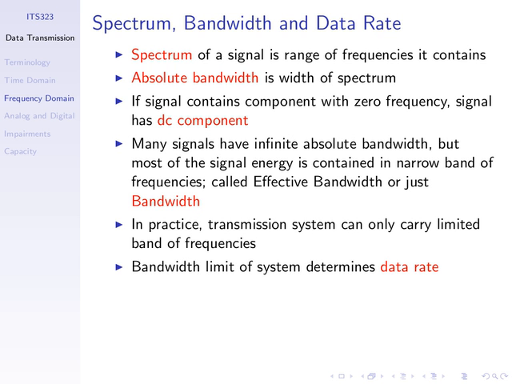There's the signal, 3 components, almost the same as the previous signal. The first components are sine 200 pi t plus 1/3 sine 600 pi t plus 1/5 sine 1000 pi t. What is the spectrum of this signal, and what is the absolute bandwidth of this signal?